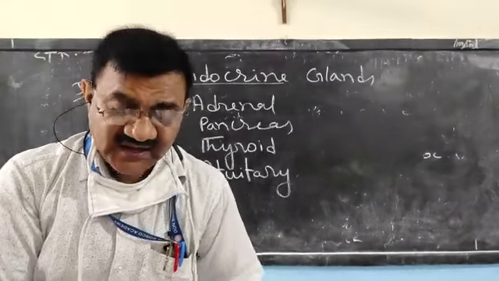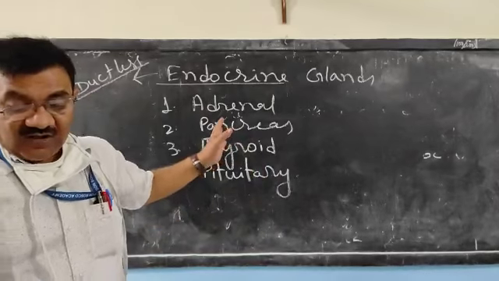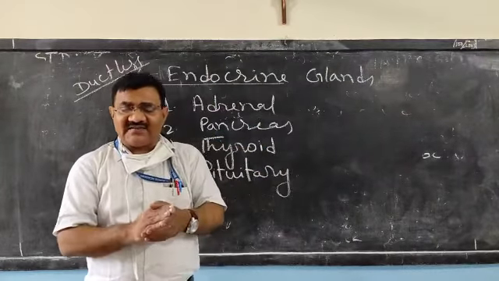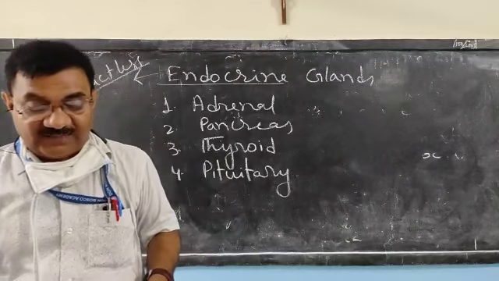They are 2 in number, and there are 2 parts of the adrenal gland: adrenal cortex and adrenal medulla.